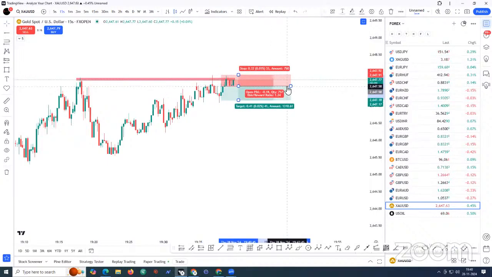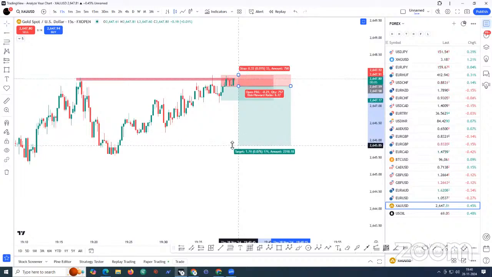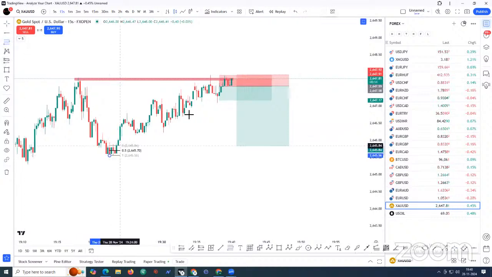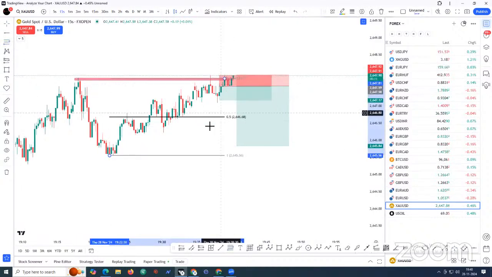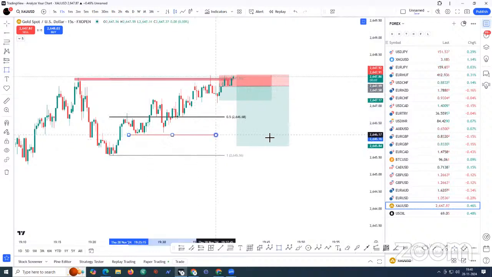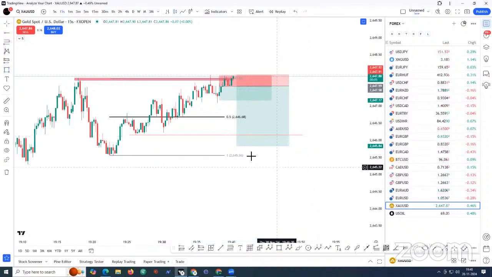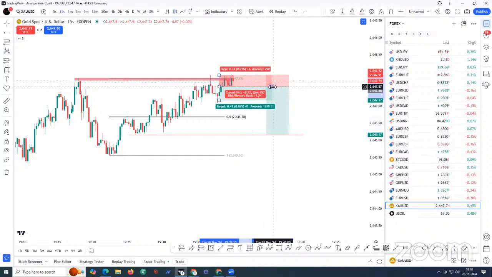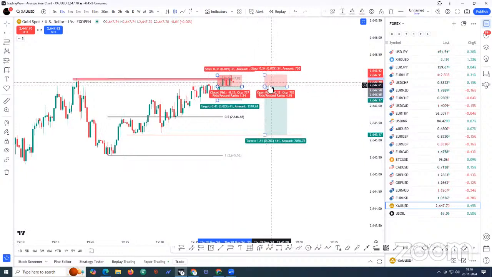If it is done, I would like to take this same trade to the 80% of the total area, as per the Fibonacci. Visually, it will come near this area. Okay, this particular zone. I'm taking it to the second trade. This is the first trade. If it is going downside, the second will be this.